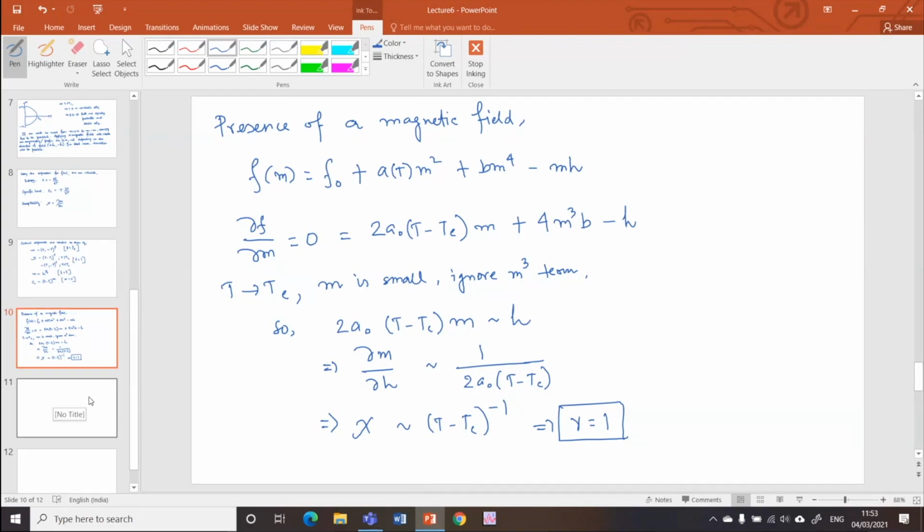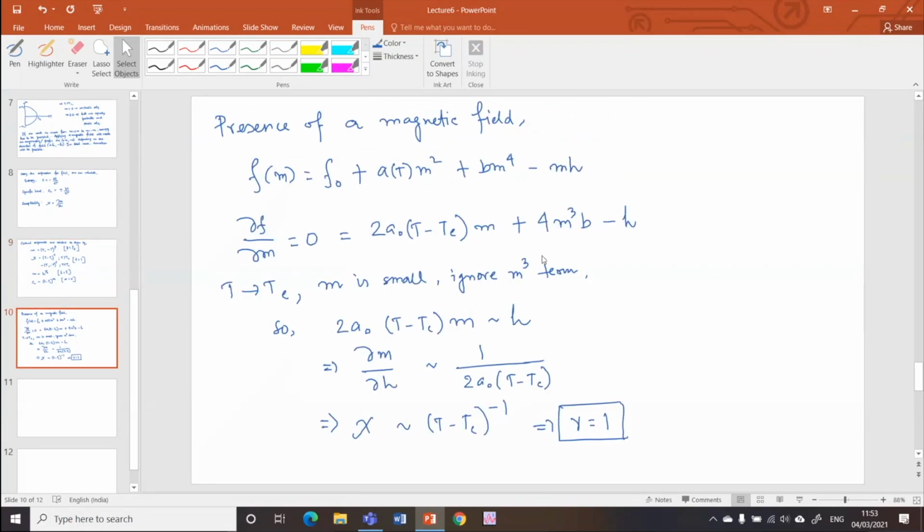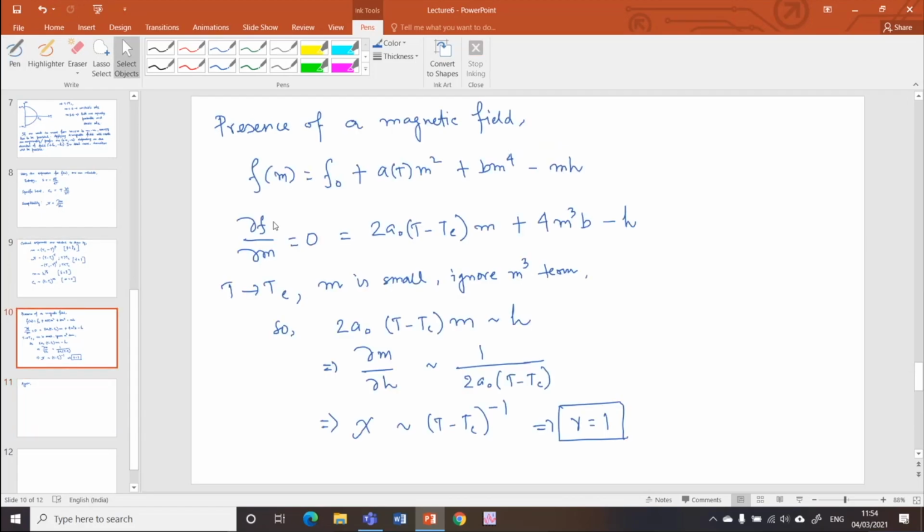Okay. Now coming back to this expression again, if I want to find out the dependence between, let's say, m and h, then I'll again take this expression. It basically tells us, let's say, 2a0 (t minus tc).